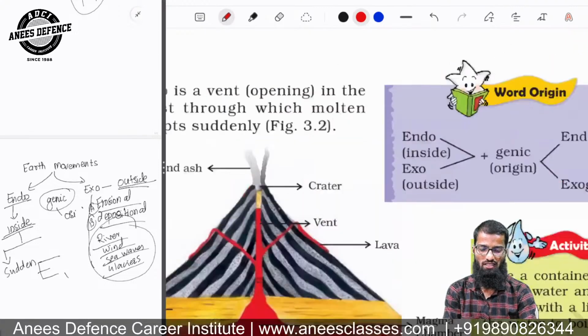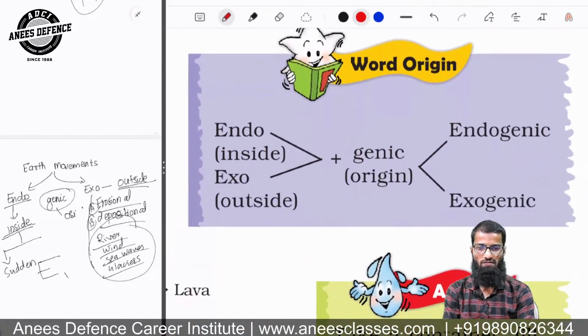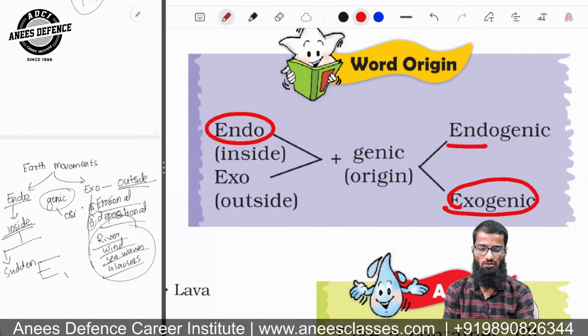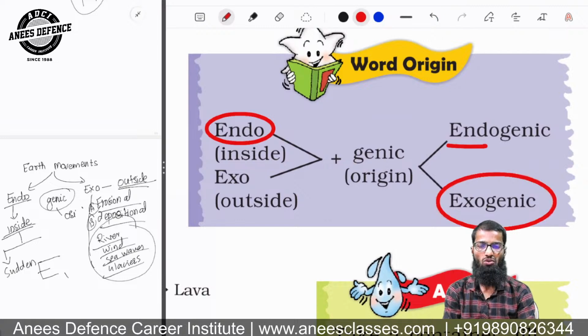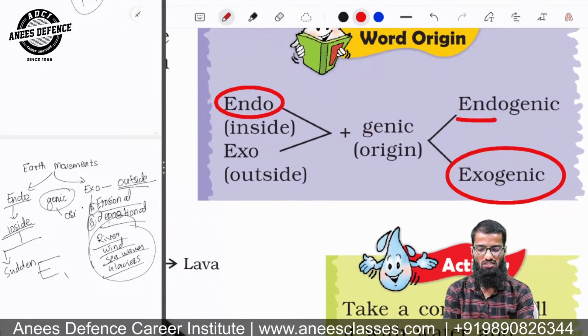You can see on your screen the difference between endogenic and exogenic. As I have told you, endo means something which is inside, exo means something outside, and genic means the origin. So the forces which originate inside the earth are called endogenic forces.